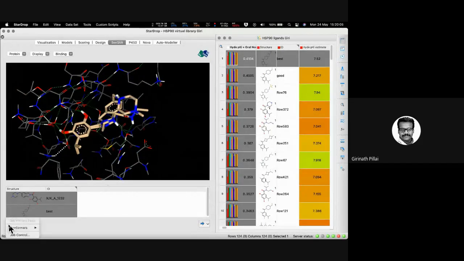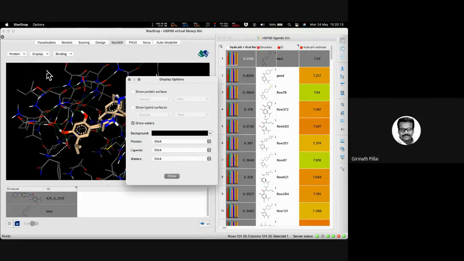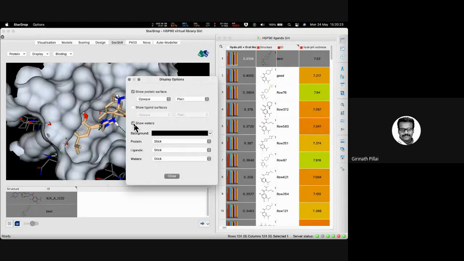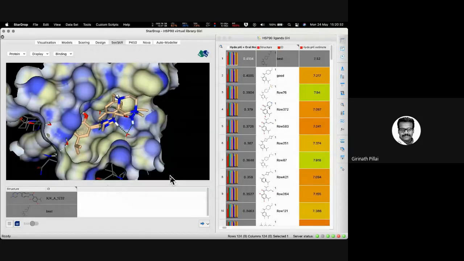So let me try to generate the surface. Display option. I will enable the surface for the protein so that you will be able to see that. Yes. And I will color based upon log P and close.